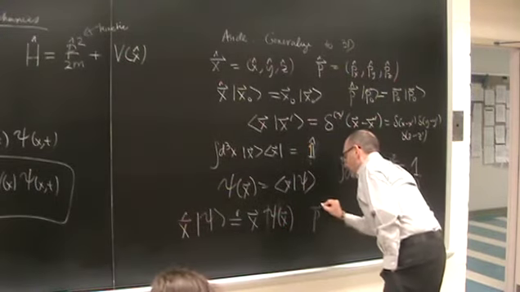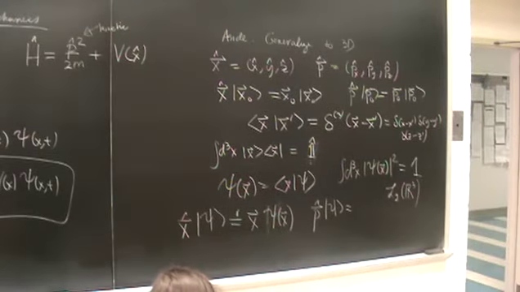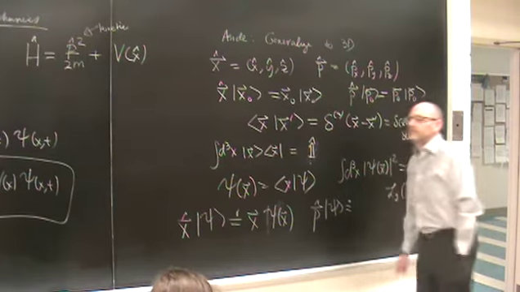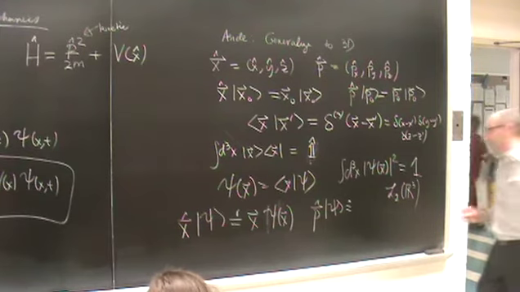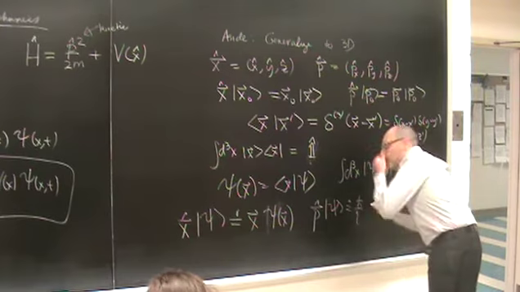And what is the momentum operator in this case? How does it look in position representation? The gradient, right? This is h bar over i, the gradient.